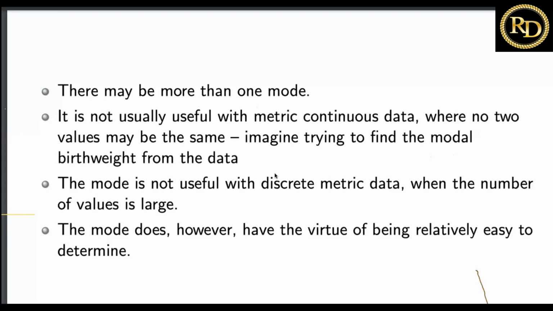It will be very difficult to find the modal birth weight of a continuous variable. Similarly, the mode is not useful with discrete metric data when the number of values is very large. But the mode has the advantage that it is very easy to understand. Means the value which comes most frequently is the modal value of the data.